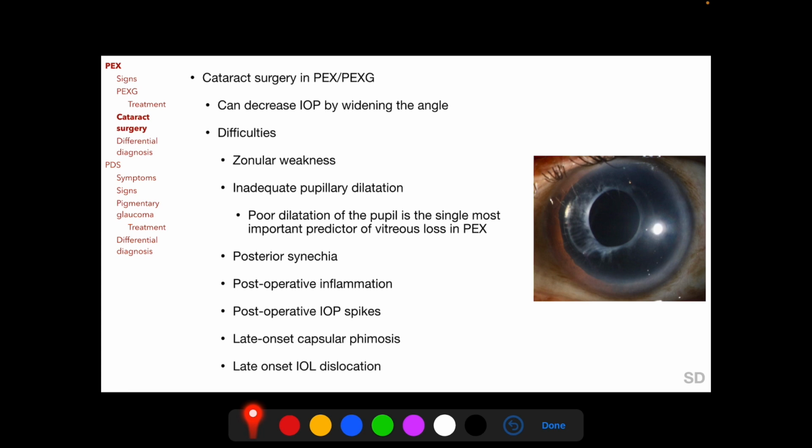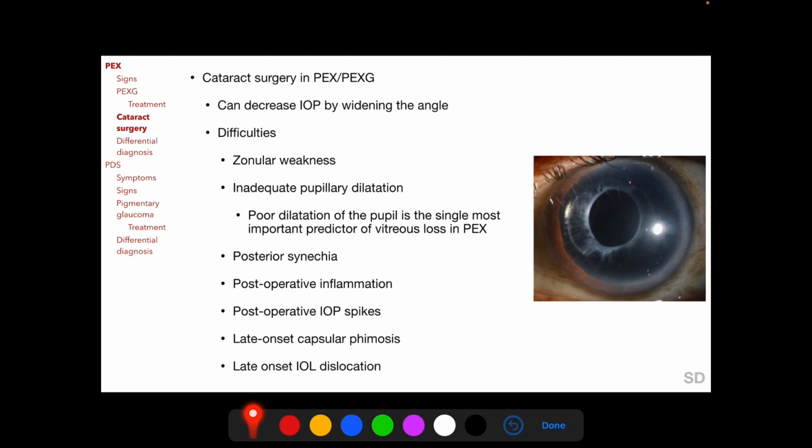Cataract surgery in pseudoexfoliation glaucoma can decrease IOP by widening the angle. But the difficulties faced during cataract surgery in pseudoexfoliation or pseudoexfoliation glaucoma include, as we have mentioned, zonular weakness and inadequate pupillary dilatation. Poor dilatation of the pupil is said to be the single most important predictor of vitreous loss in pseudoexfoliation.